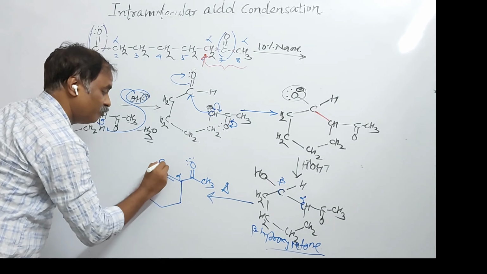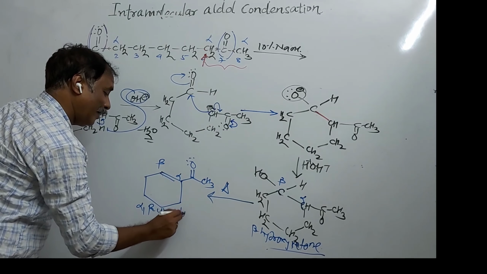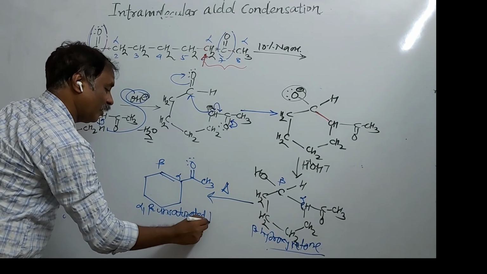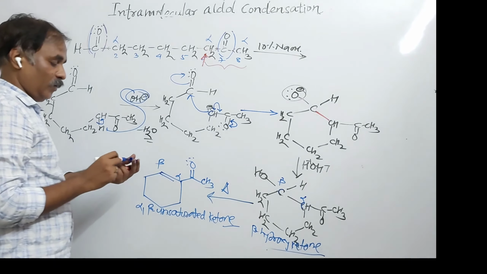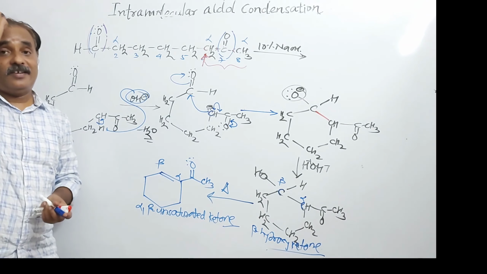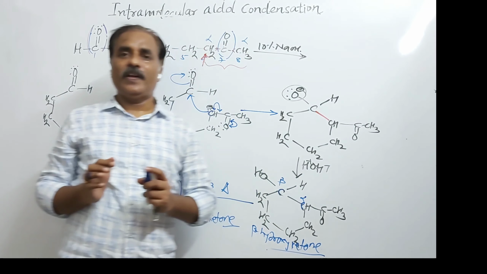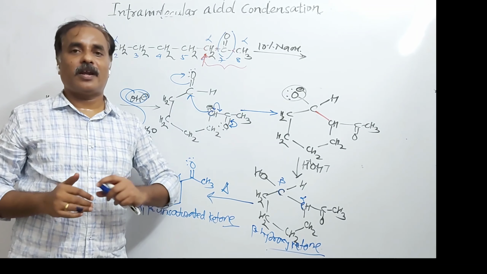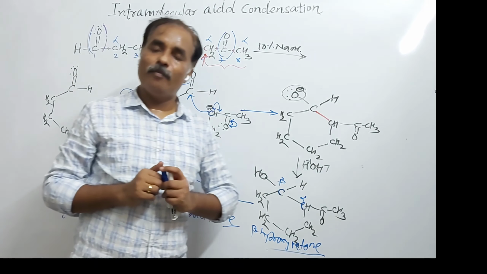This is alpha, this is beta, so this is an alpha beta unsaturated ketone. So this is an example of what? Intramolecular aldol condensation. If any doubt about intramolecular aldol condensation, put your doubt in the comment box. Definitely I will get back to you. Thank you.